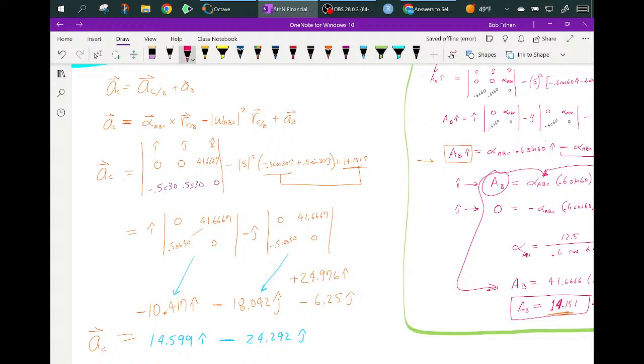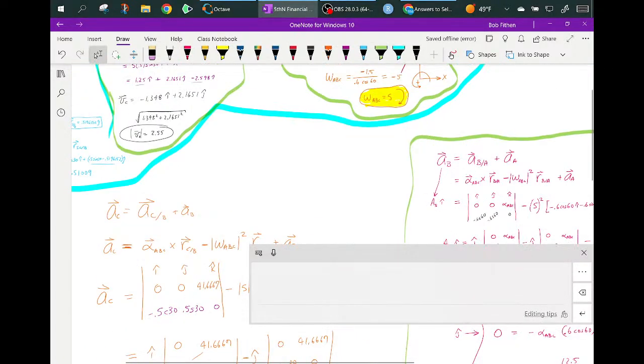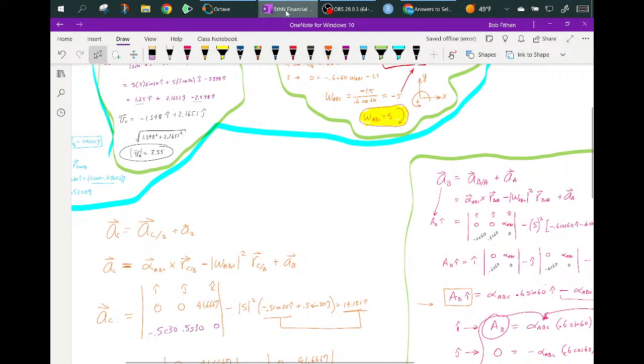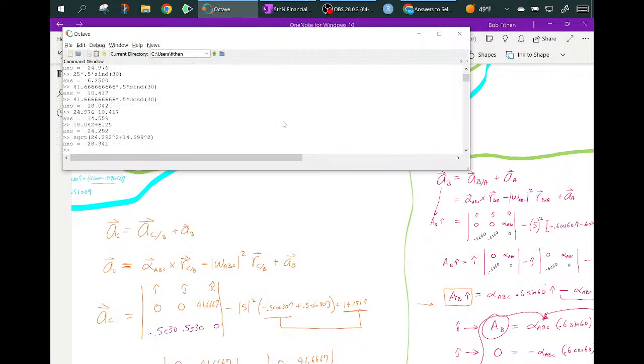I may do it this way. I'm just going to double check it this way. Okay. Here's what I'm going to do. R CB minus 0.5 times cosine degree of 30.